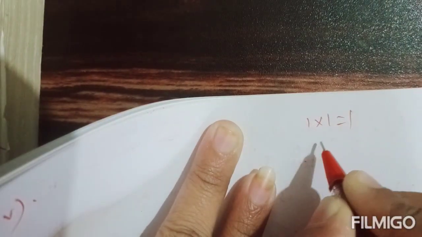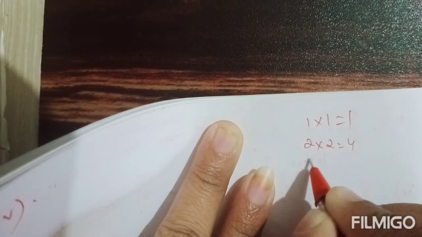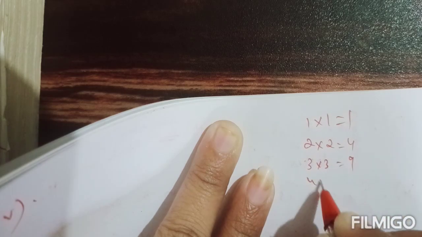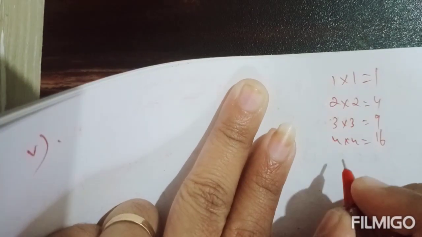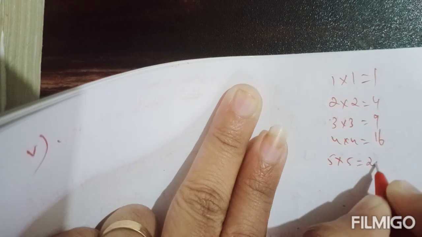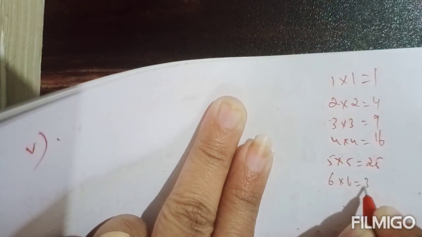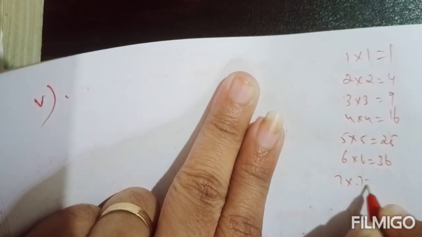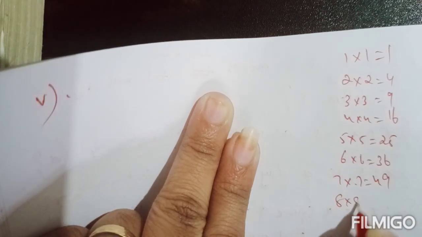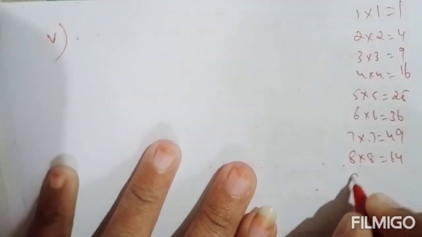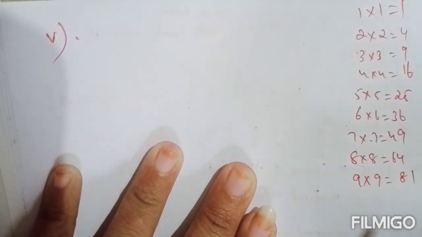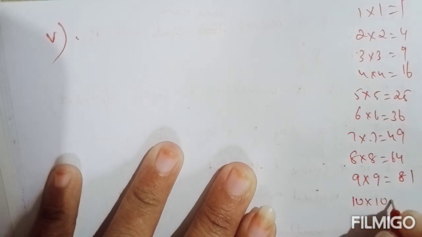So let us see. 1 into 1, 1, 2 into 2, 4, 3 into 3, 9, 4 into 4, 16, now 5 into 5, 25, 6 into 6, 36, then 7 into 7, 49, 8 into 8, 64, 9 into 9, 81, 10 into 10, 100.